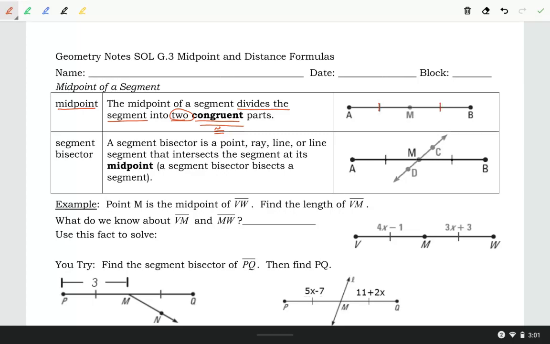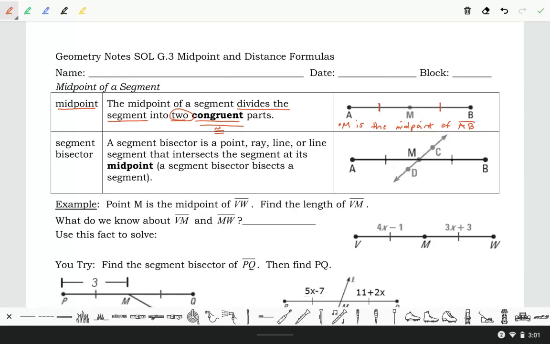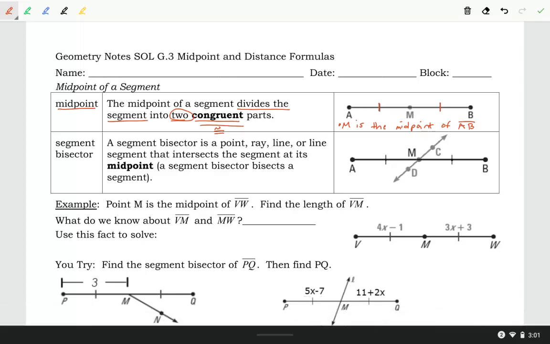So we can see here that point M is the midpoint of line segment AB, which means that we also see that line segment AM is congruent to line segment MB.